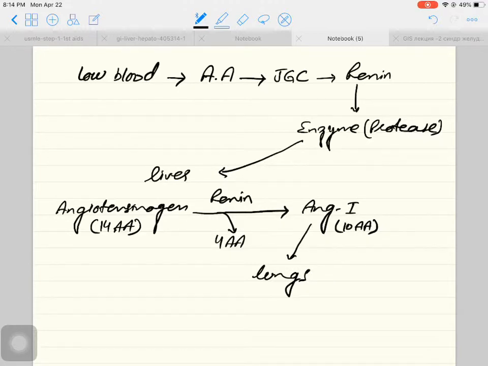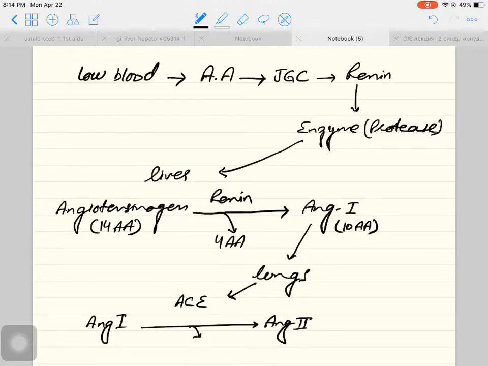The endothelium of the lungs contains a special type of enzyme called angiotensin converting enzyme. This angiotensin converting enzyme acts on angiotensin 1, converting it to angiotensin 2, after a release of 2 amino acids, so from 10 amino acids it now has 8 amino acids.